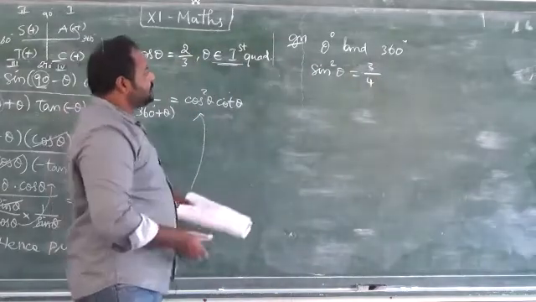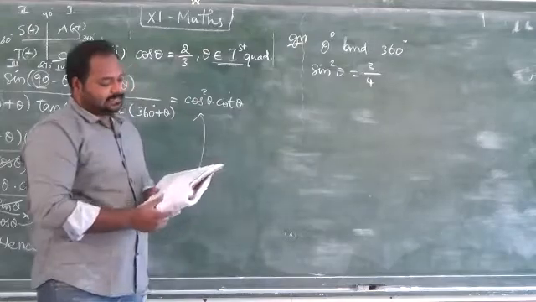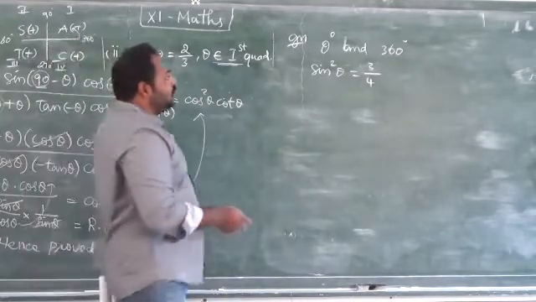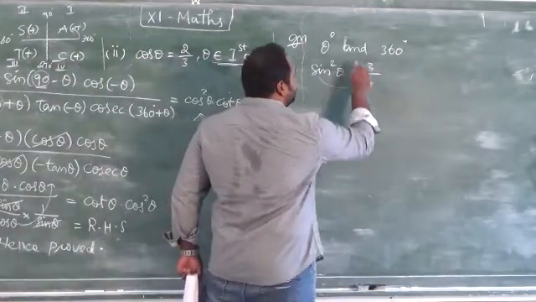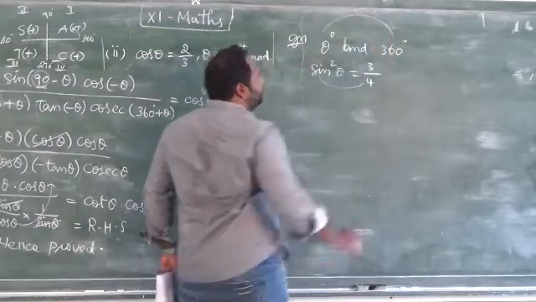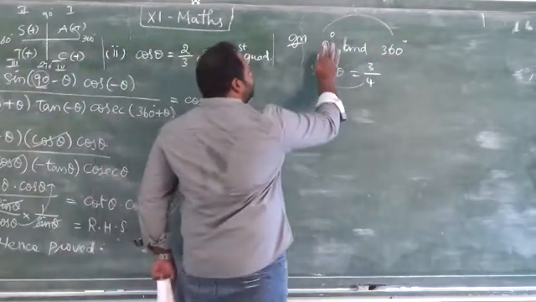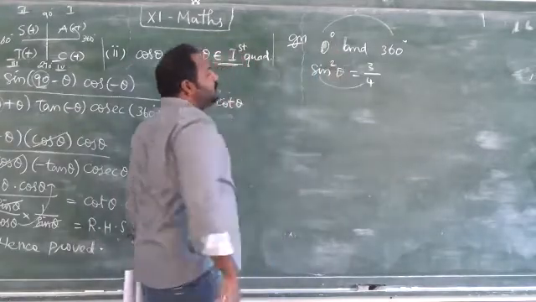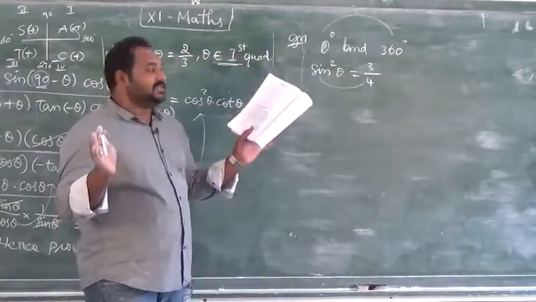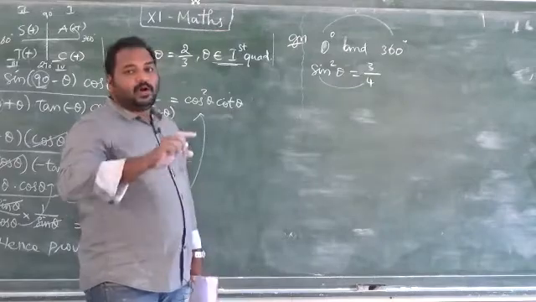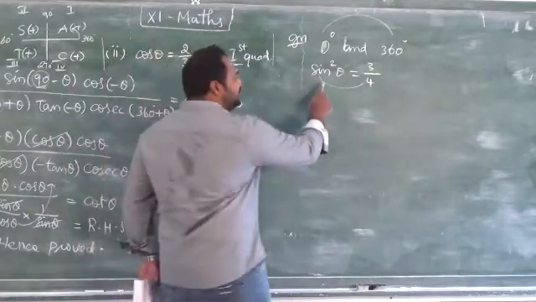Here they are asking to find all the angles which satisfy this equation, only the angles between 0 degree and 360 degree. In between 0 and 360, we have to find all the angles which satisfy this equation.